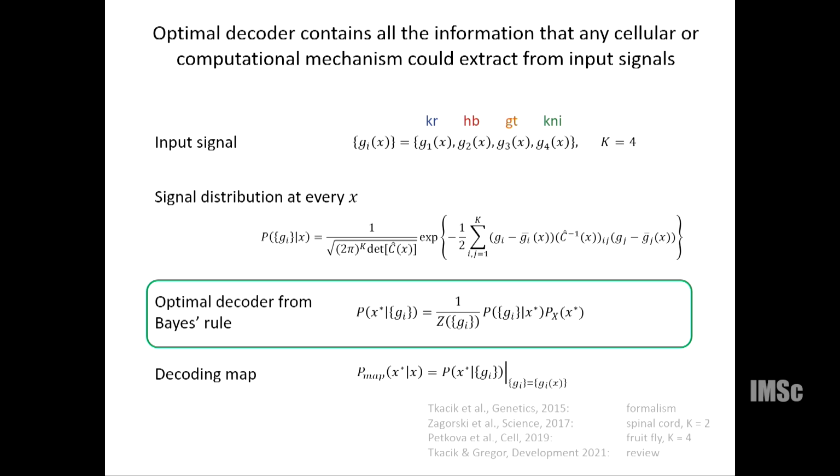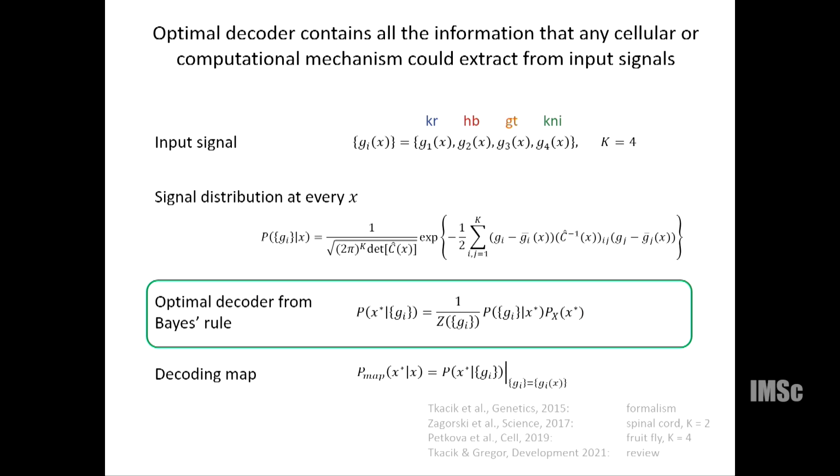And now, the key observation is that you want to get the distribution of the fate given the signal, saying the cell doesn't have access to the actual position. The cell sits in the tissue and it has access only to the concentration or gene expressions of the signal. So you want to know what's the most likely fate, or in general, what's the distribution of these implied fates for a given signal concentration.